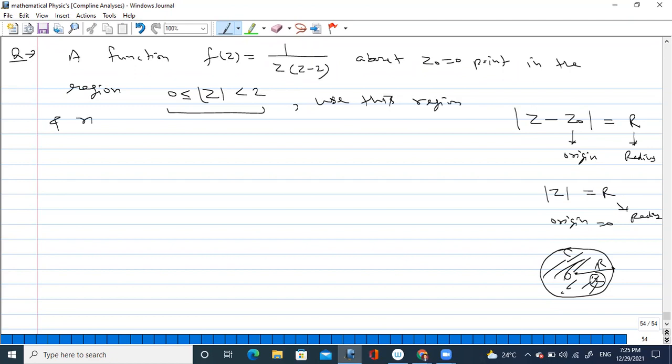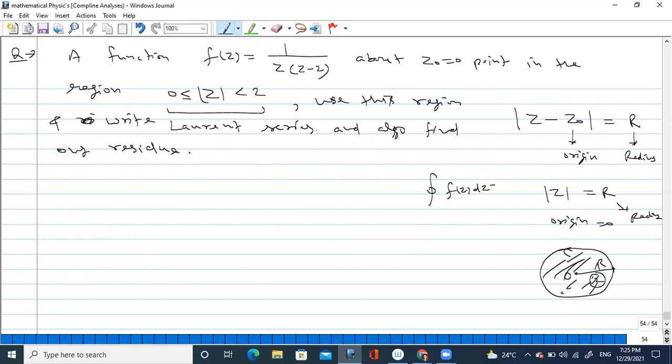and write the Laurent series. This is the question. Okay, write the Laurent series and also find out the residue, because we know that if we know the residue, we can do the integration 2 pi i into r.